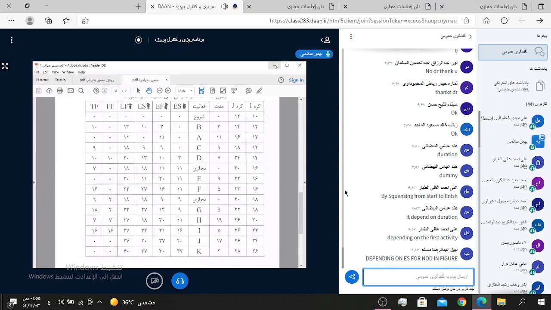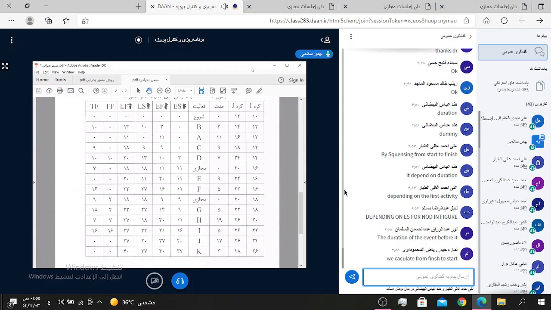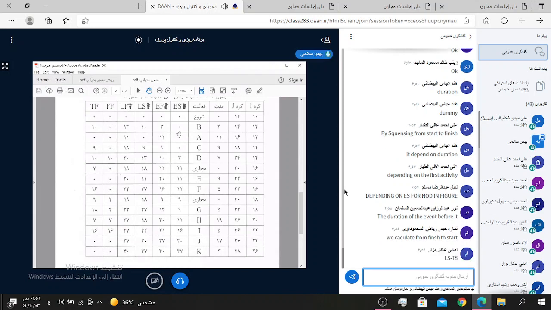Depending on ES for node in figure. The duration of the event before it. We calculate from finish to start. Okay. I'm waiting for the answer to our question.